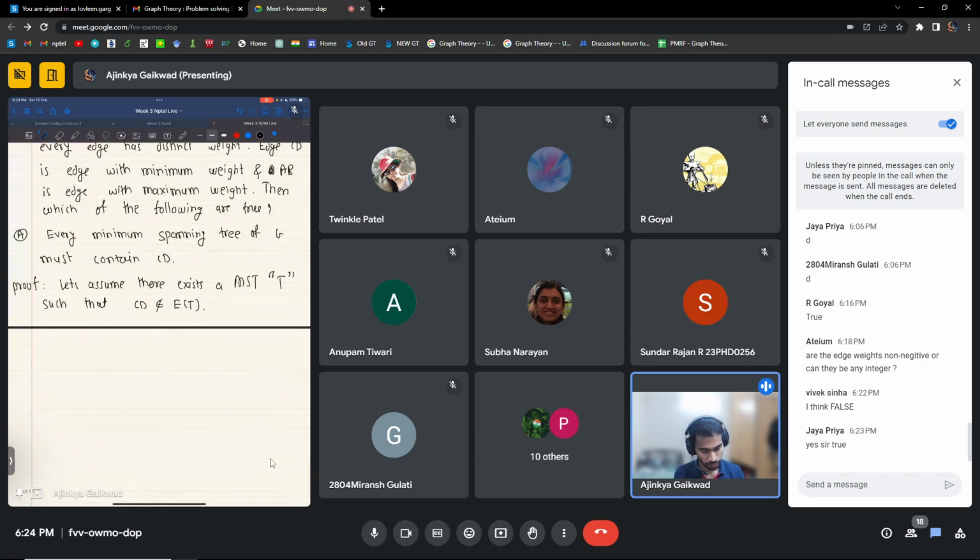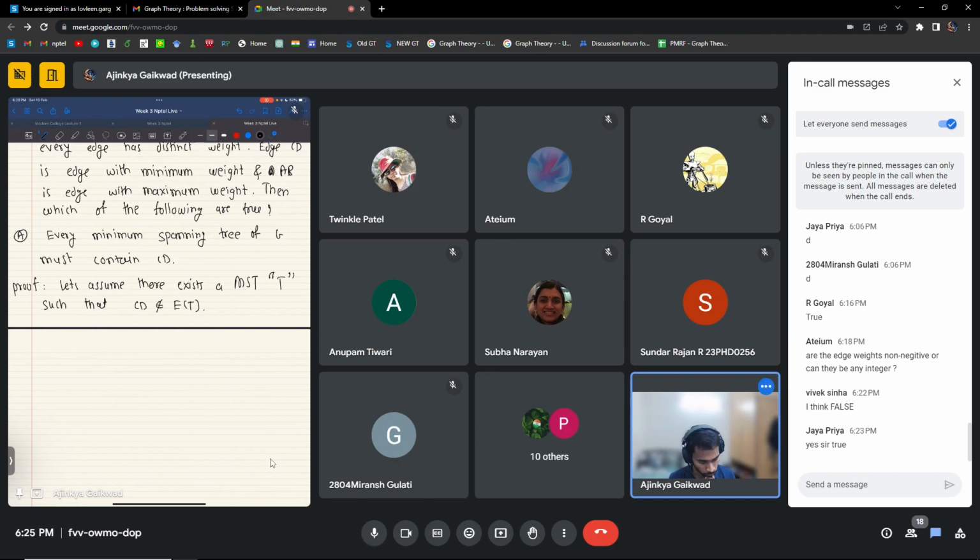So what I have to do is prove this statement, and the proof should be formal. So I'm proving this by contradiction. So I have assumed, okay, that you constructed some MST T such that the edge CD is not there. Let's assume this, and we'll prove why this is not correct.